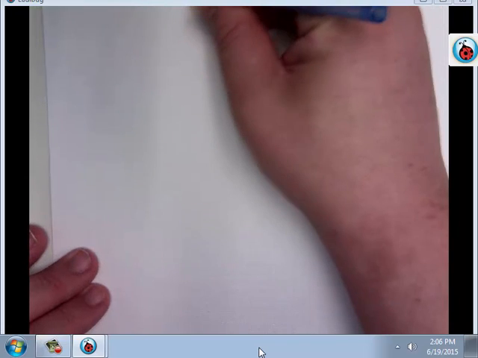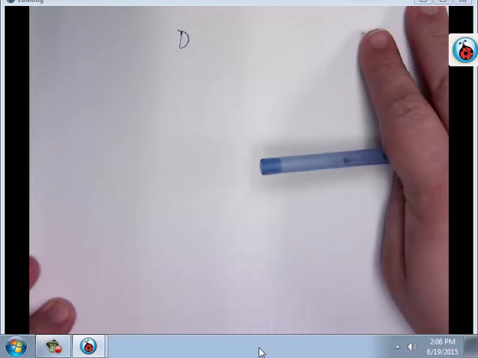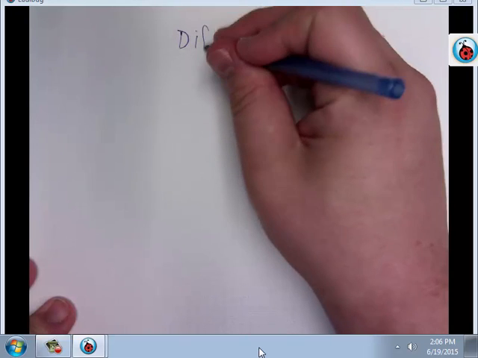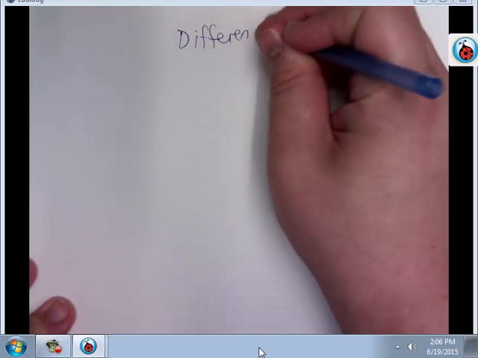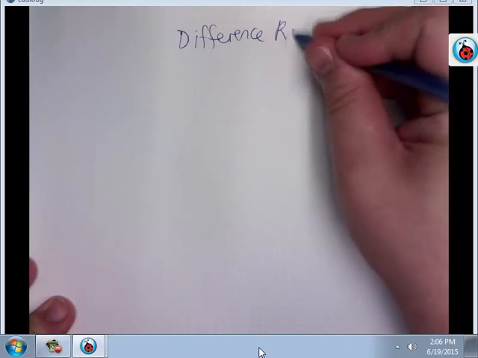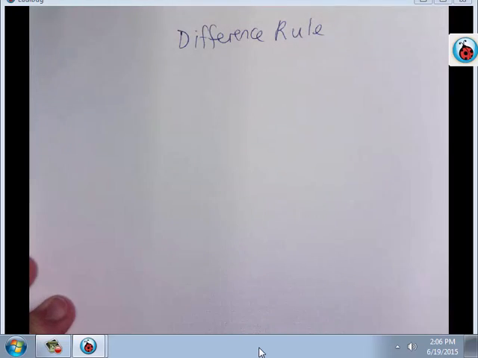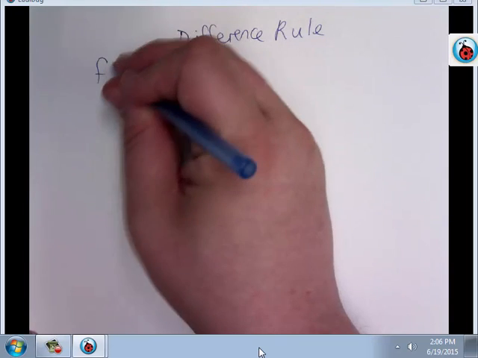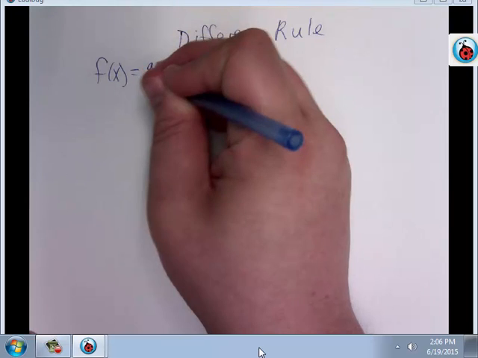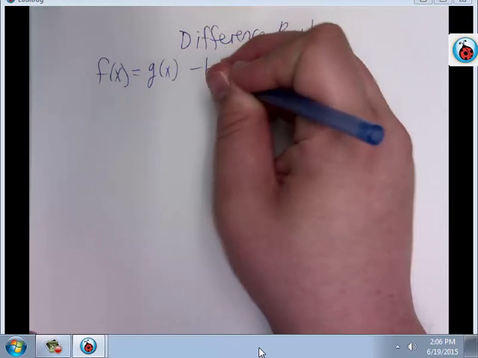Now let's look at the difference rule. So that means we have f of x equals g of x minus h of x.